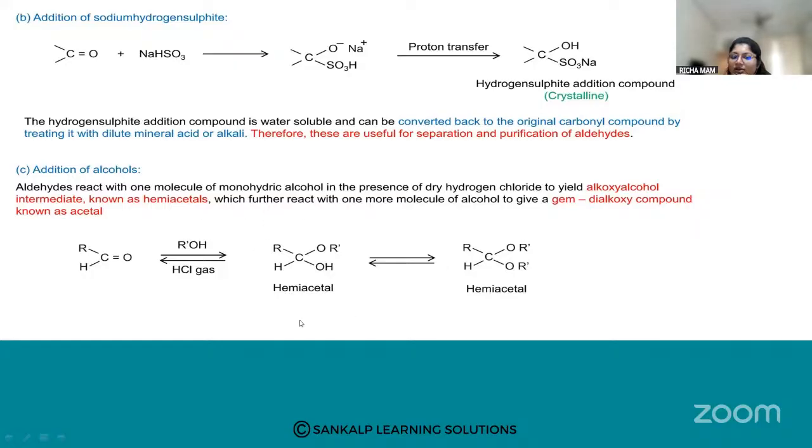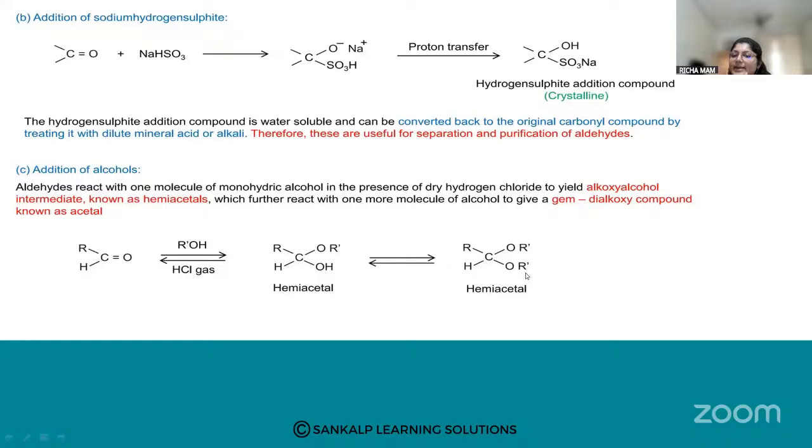Then we saw the addition of alcohols. When you add 1 mole of alcohol, you get a hemiacetal. When one more molecule of alcohol reacts, you get acetals. So hemiacetal has only one alkoxy group, and acetal means you get both, where both hydrogens are replaced by alkyl groups.